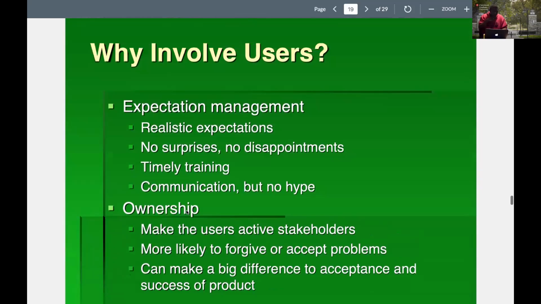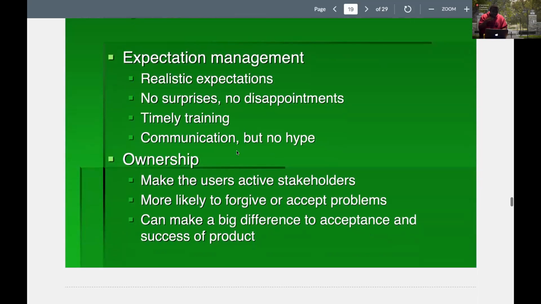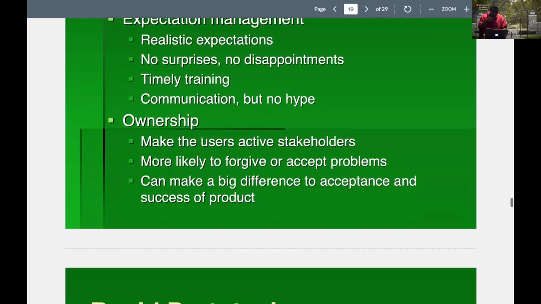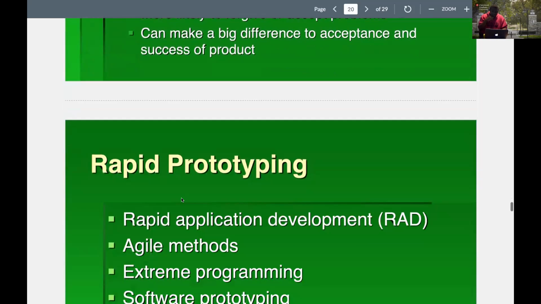So, why involve users? Expectation management, realistic expectations, no surprises, no disappointment, timely training, communication, but no hype. Make the users active stakeholders, more likely to forgive or accept problems, which can make a big difference to acceptance and the success of the product.